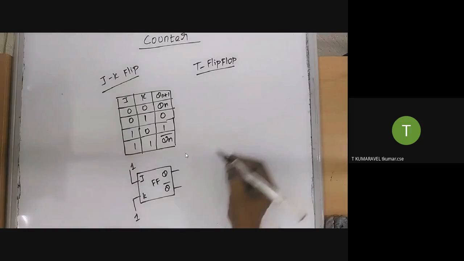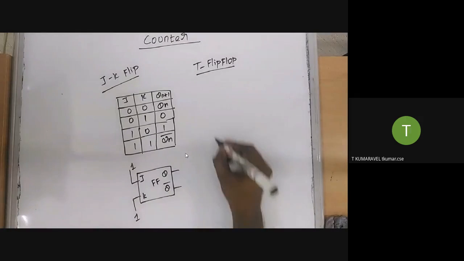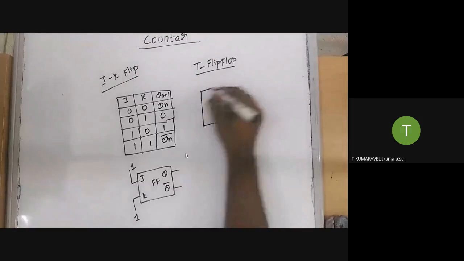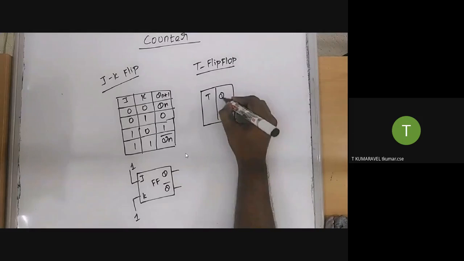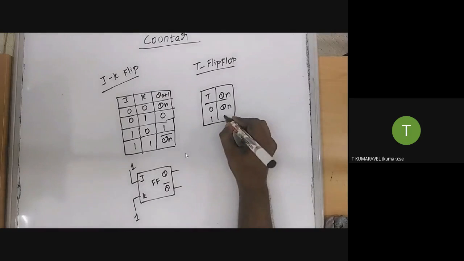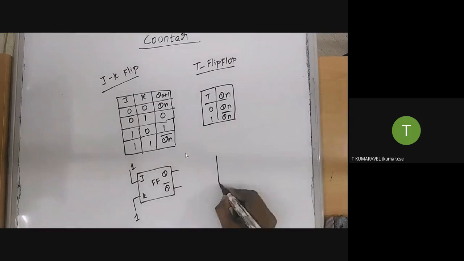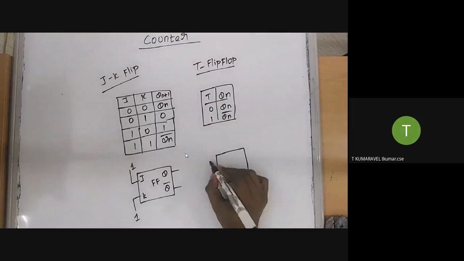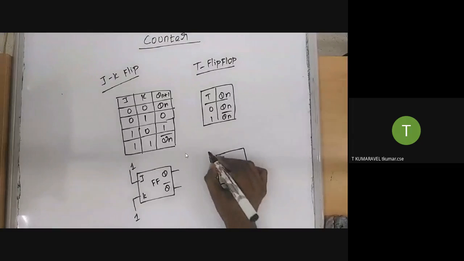If we consider a T flip-flop, it also accepts input as 1. For 0, it will retain the previous state. For 1, it will complement the previous state. I will tell you why the input value is 1.